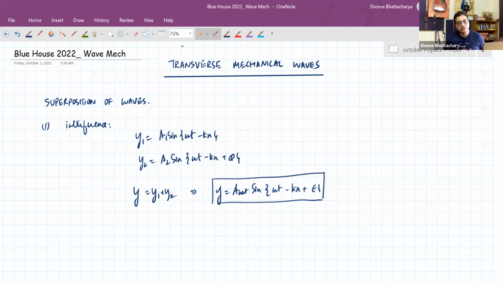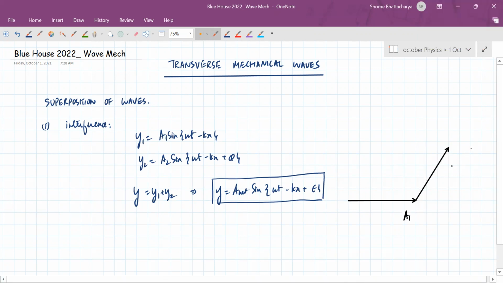And to calculate the net amplitude, we can either draw a phasor diagram or directly write the formula related to the phasor addition. So that's epsilon, right?